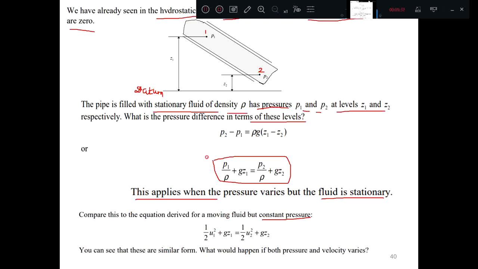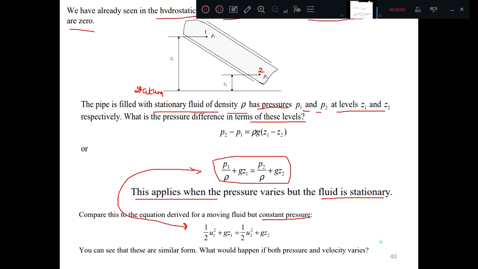Comparing this to that, we get half u1 square plus g z1 is equal to half u2 square plus g z2. You can see that they are of similar form. Then what would happen if both pressure and velocities vary?